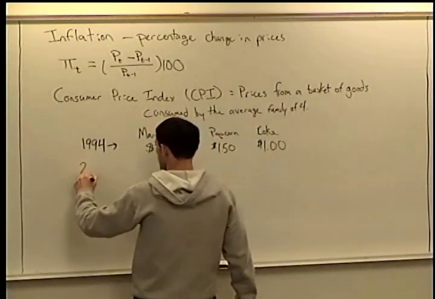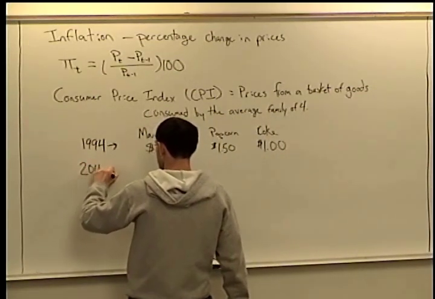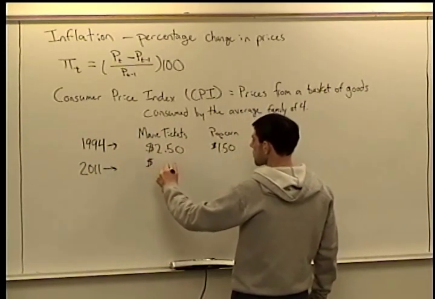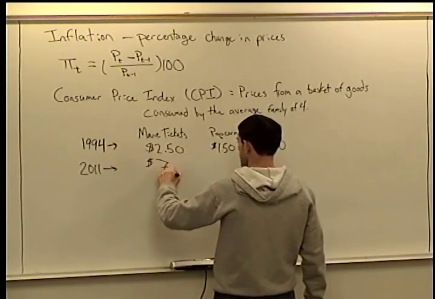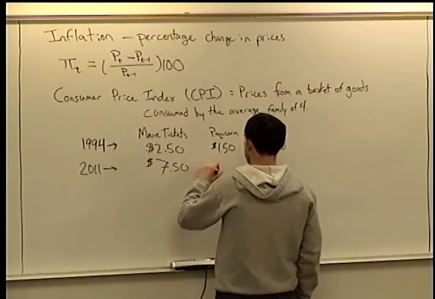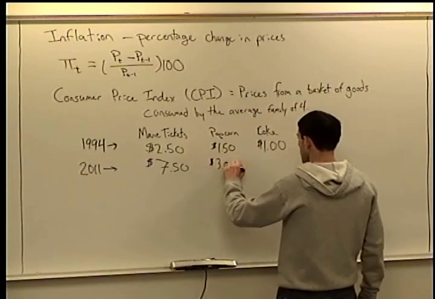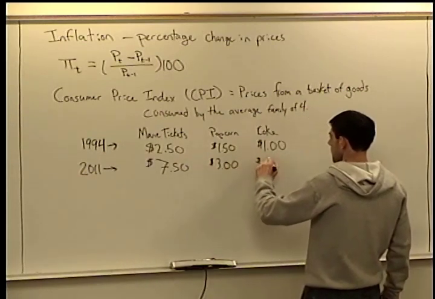In 2011, 1 movie ticket each cost about, we'll say, $7.50. Popcorn cost around $3, and Coke cost around $2.50.